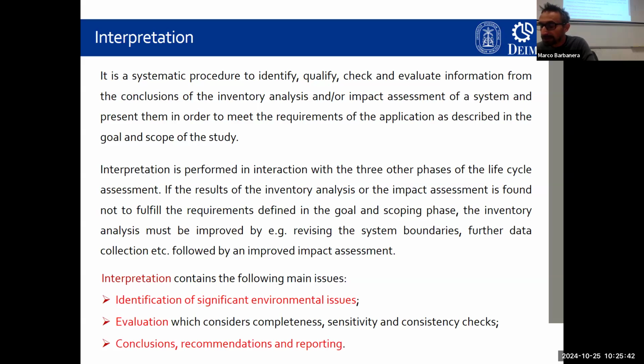Also, in this step we have to evaluate the consistency of the obtained results. We have to also analyze the uncertainty associated to the results obtained after the application of the life cycle impact assessment method.